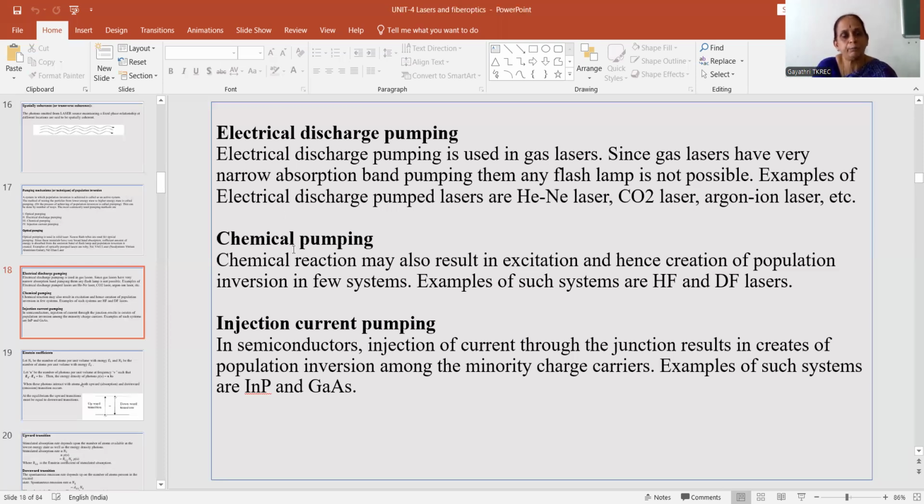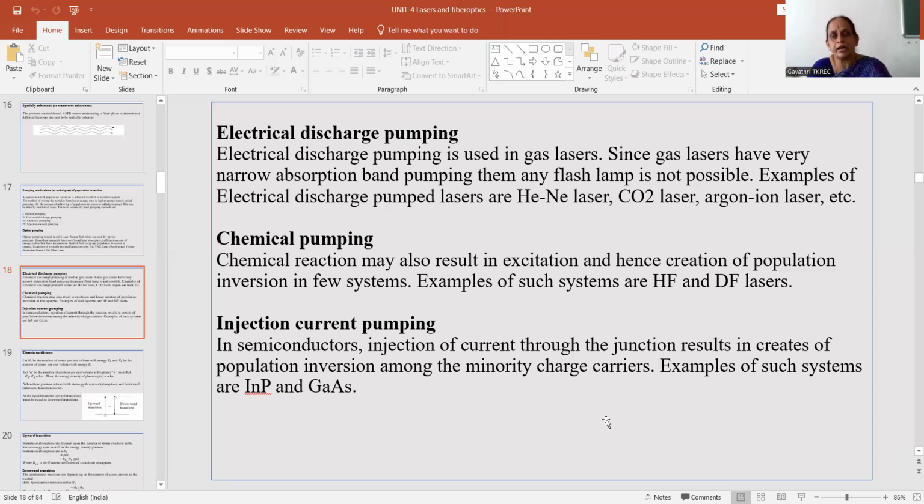Next is chemical pumping. Chemical reactions may also result in excitation, and hence creation of population inversion may take place in a few systems. Example systems are HF and DF lasers. The next one is injection current pumping. We mainly use this type of pumping in semiconductor lasers.